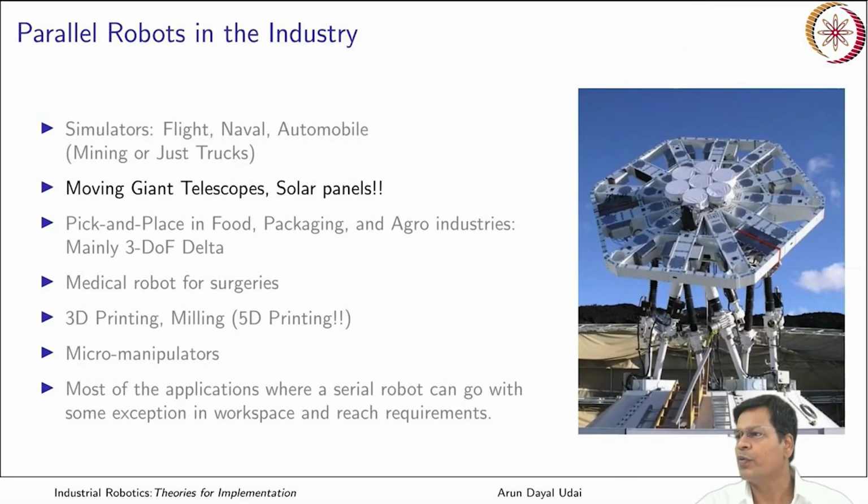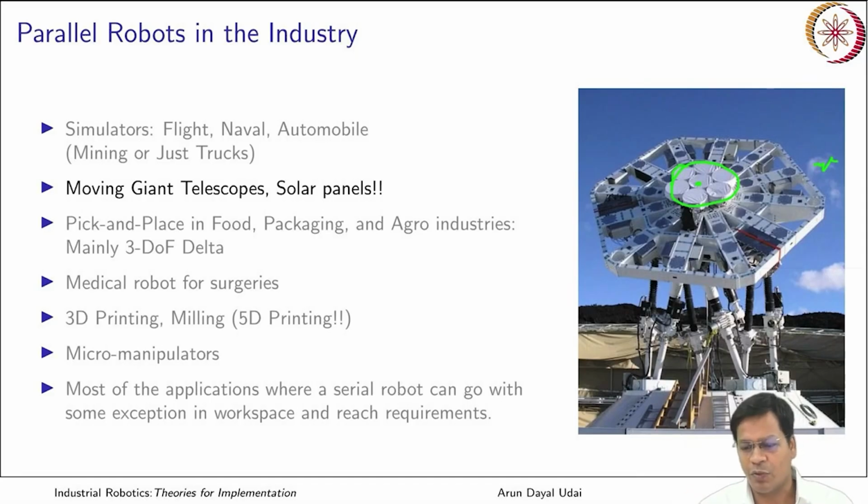And moving giant telescopes. Telescopes require very precise location of the top sensors, okay. That is to be located very precisely, that is to be oriented very precisely, because even having an error of a fraction of a degree over here can have a huge displacement when it actually sees any object in space because of the distance.